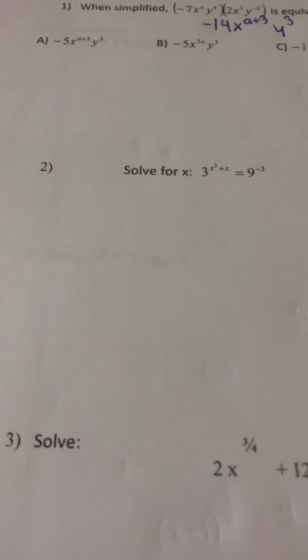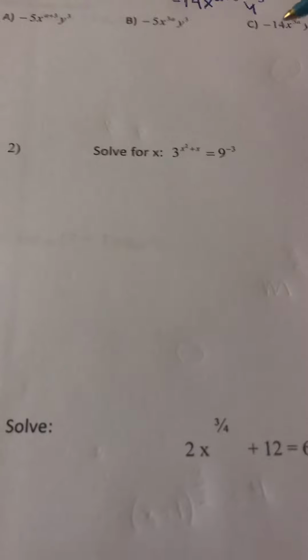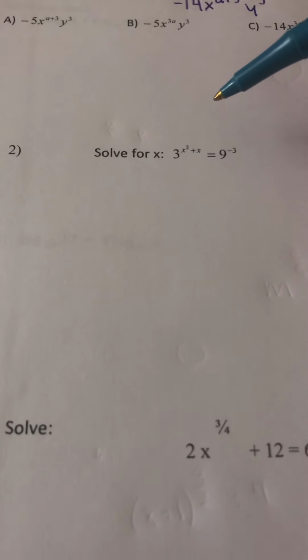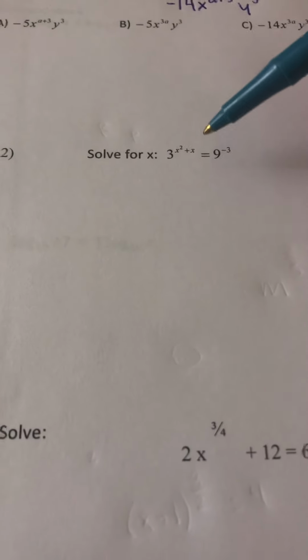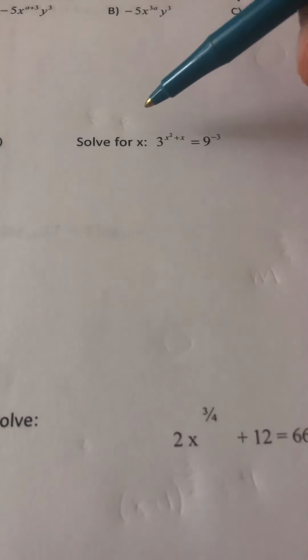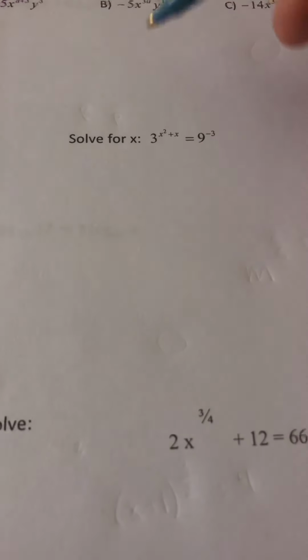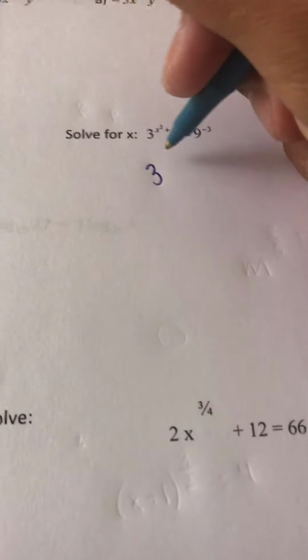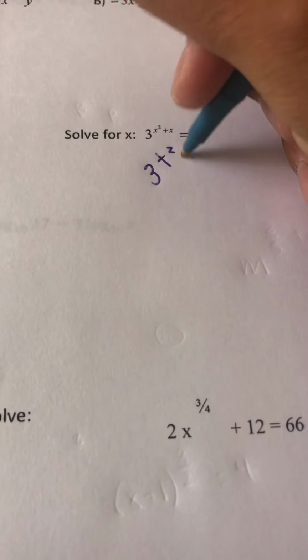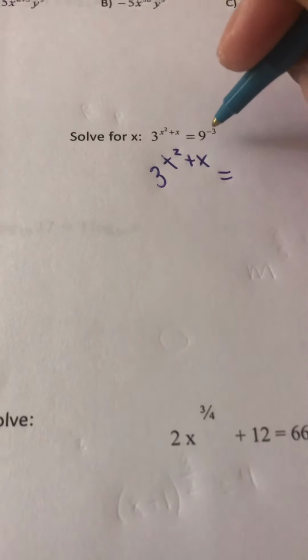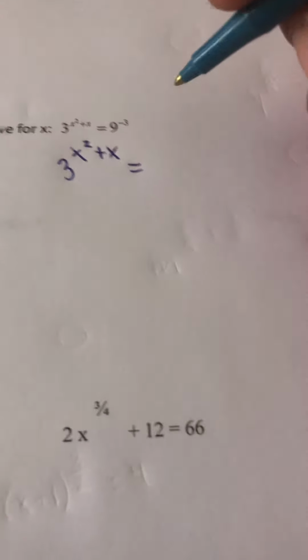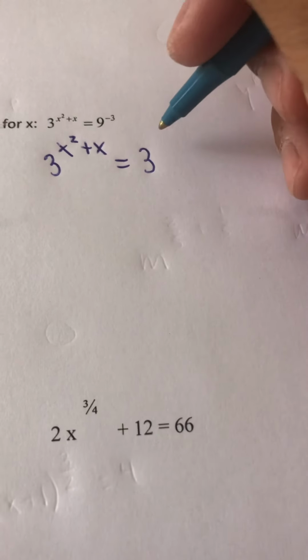Now we're going to start solving some equations. When we do this, there's a couple ways that we can do it. The first way is to get a common base. Now 3 cannot be simplified, so we're just going to rewrite this as x squared plus x. 9 can be though. I can rewrite 9 as 3 squared.